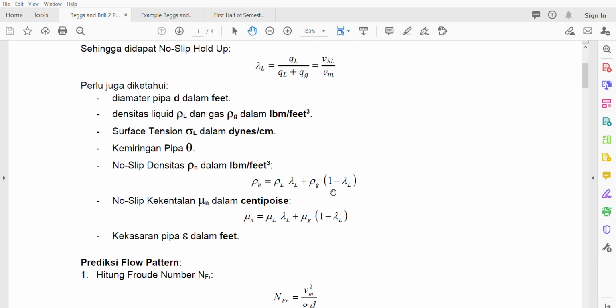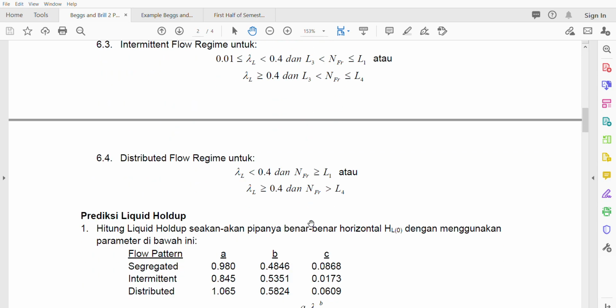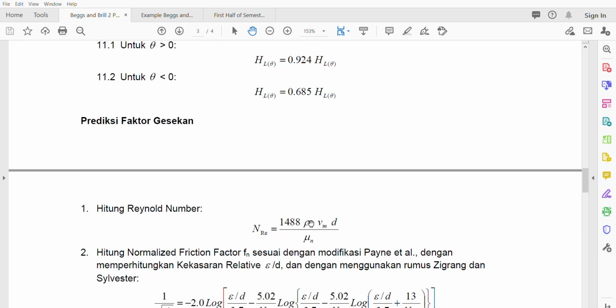See here. So that's the density and viscosity.